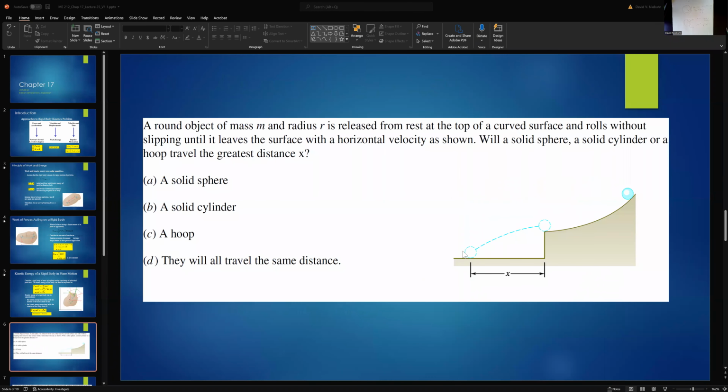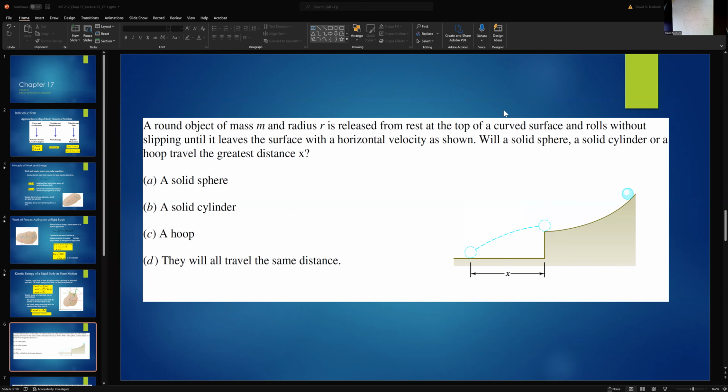Now here's a conceptual question. If we were to take three objects that are all round in a sense: one's a sphere, one's a cylinder, one's a hoop, and we were to put them on this incline and let them roll down the incline. The question is, which one will travel the greatest distance x?